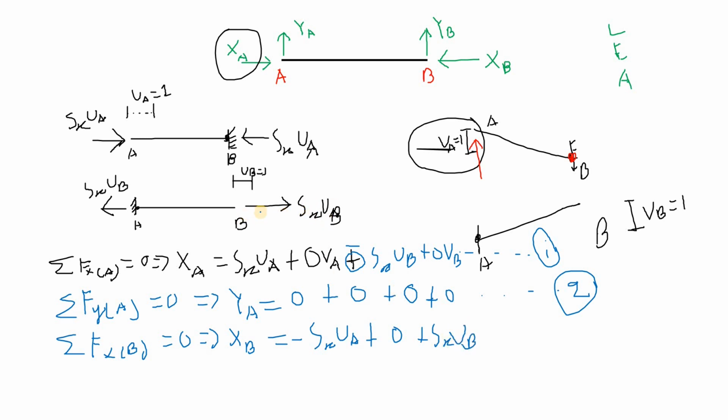This time the SxUB is plus because this is toward the right direction at the B joint. Okay, plus 0. So this is our equation 3.